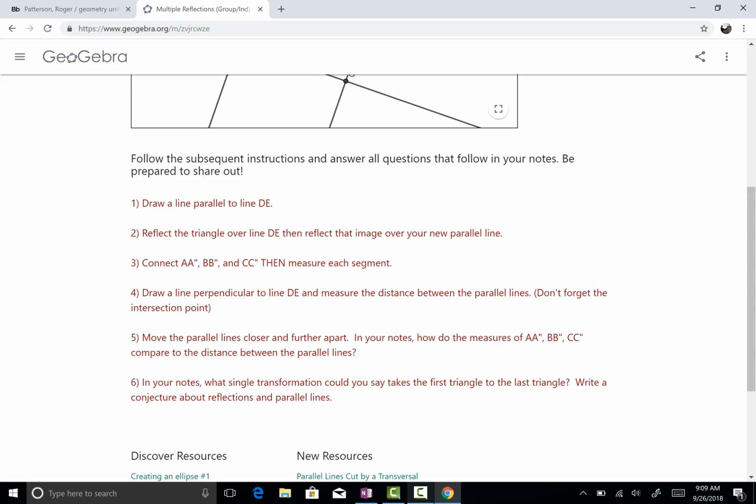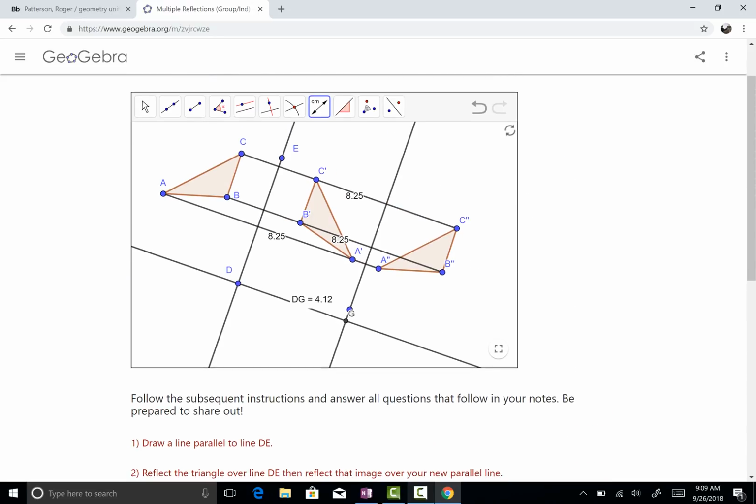We measured the distances. Anybody seeing, or any group seen a relationship between the distance between the segments and the two parallel lines? The distance between the two parallel lines is half of the distance of the other one. Okay? Half the distance of the other one.